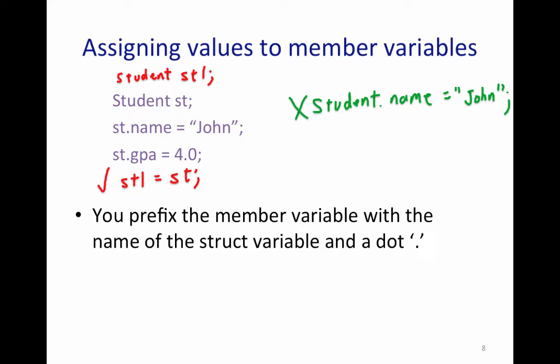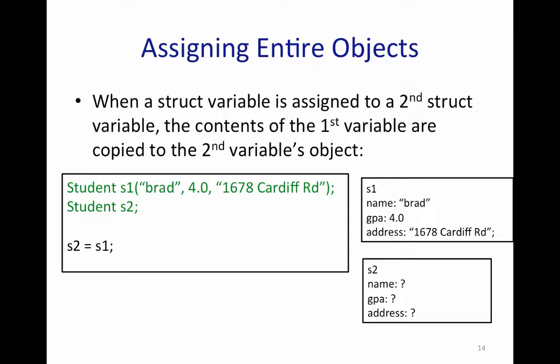I feel certain I have a slide on that, so I'm just going to pop ahead for a moment. There we go. We will get to what is meant by this in parentheses, but just like you saw with strings, there's a way to initialize a struct all at once, and we'll show you that toward the end of the class.